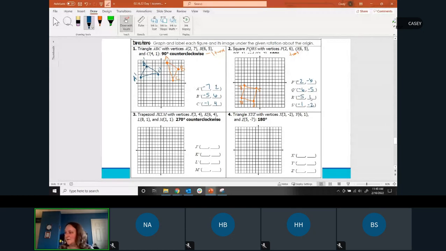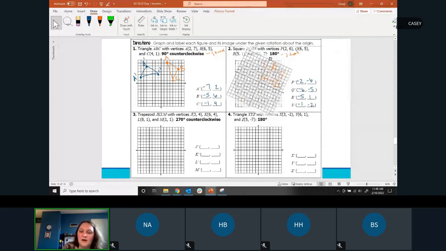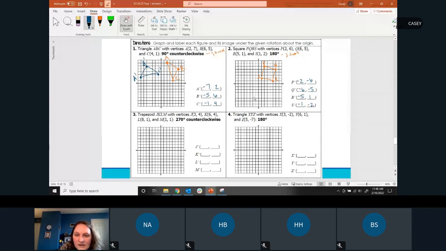Nope, not yet, Nashmia. And then you turn your paper back the way it's supposed to be. And now you can plot those 4 new points, -2, -6. Label it P prime, -6, -5. Q prime.